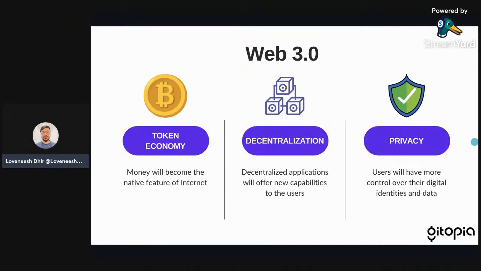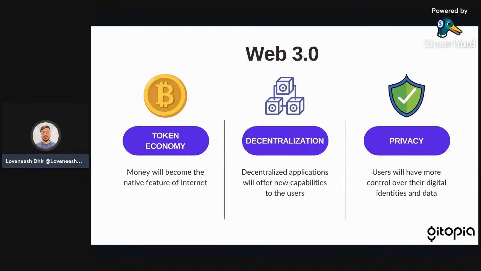Okay, so let's discuss Web 3.0. So Web 3.0 came with three major changes. First was the token economy, second was decentralization, and third was the privacy and security aspect. So by token economy, we mean that money will become the native feature of the internet.